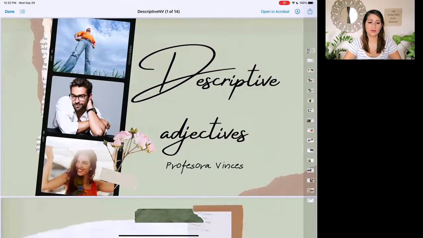Okay, so descriptive adjectives, what are they and when do we use them? Before we start looking at when we use them, we actually need to talk a little bit about nouns, because descriptive adjectives are used with nouns. Nouns are places, persons, or things.